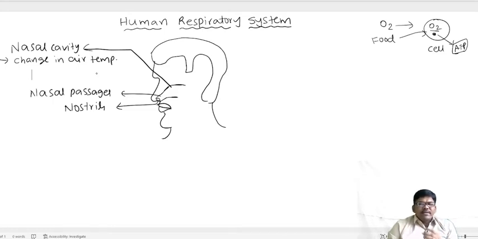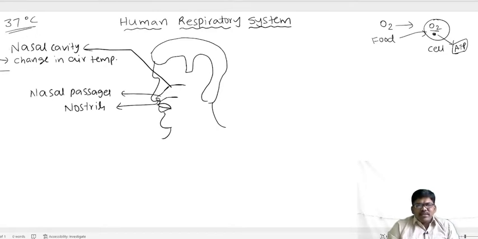In the nasal cavity, the temperature of air is converted into the body temperature. Human body temperature is 37 degrees Celsius. Here the temperature of air should be converted into 37 degrees Celsius.